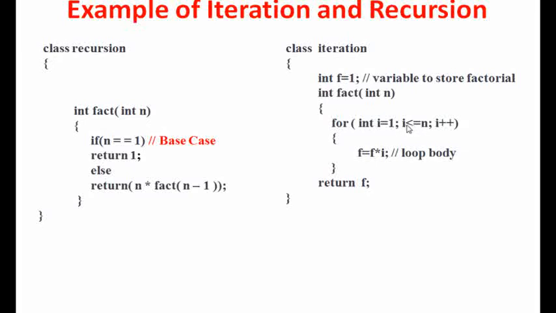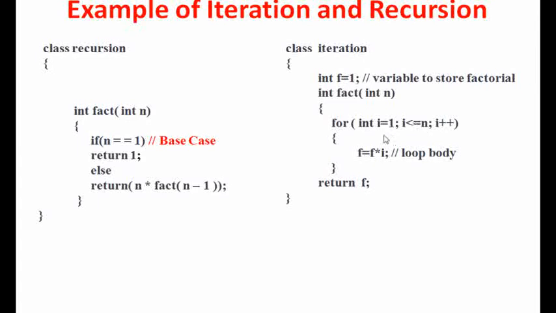That is, i is less than or equal to 4 or not, because n's value is 4. The answer is yes, because i is 1 and n is 4. 1 is less than 4, therefore the condition is true.